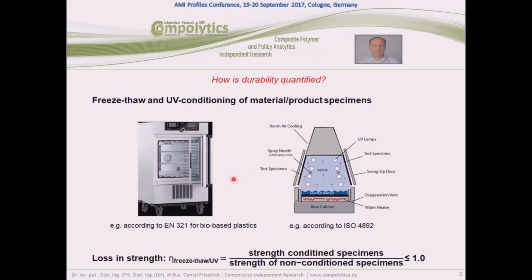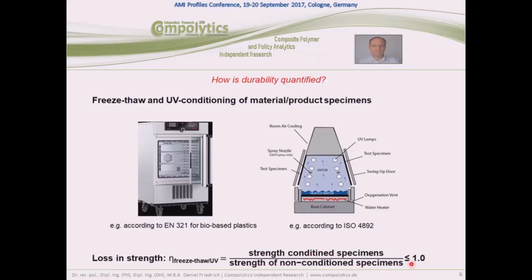So a lot of trials are done inside these chambers, and then we measure the loss of strength, and we get an equation describing this strength loss by dividing the strength of the conditioned specimens, with the obviously lower bending strength values, for example, by the strength of the non-conditioned specimens.